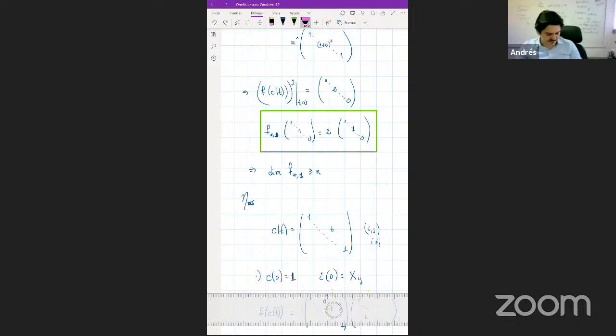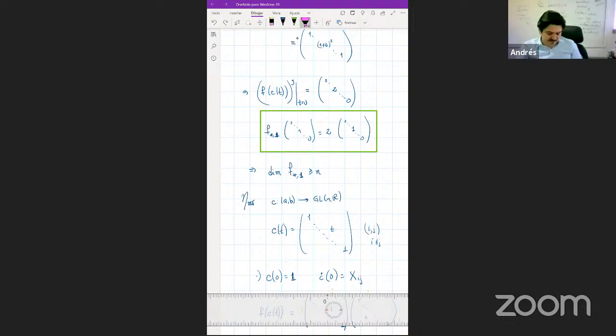Now, something that I didn't write here, but this C of t, every matrix is non-singular. Right? The determinant of that matrix is non-zero. I think the determinant is even 1. Determinant 1.